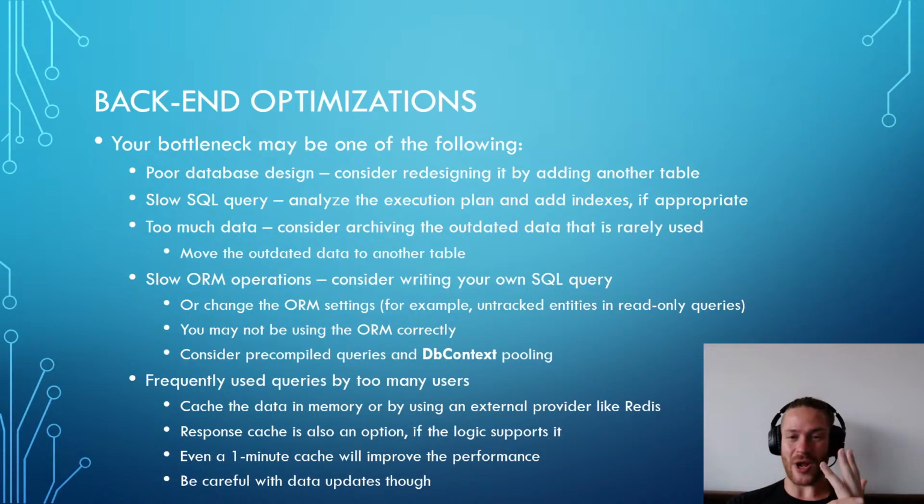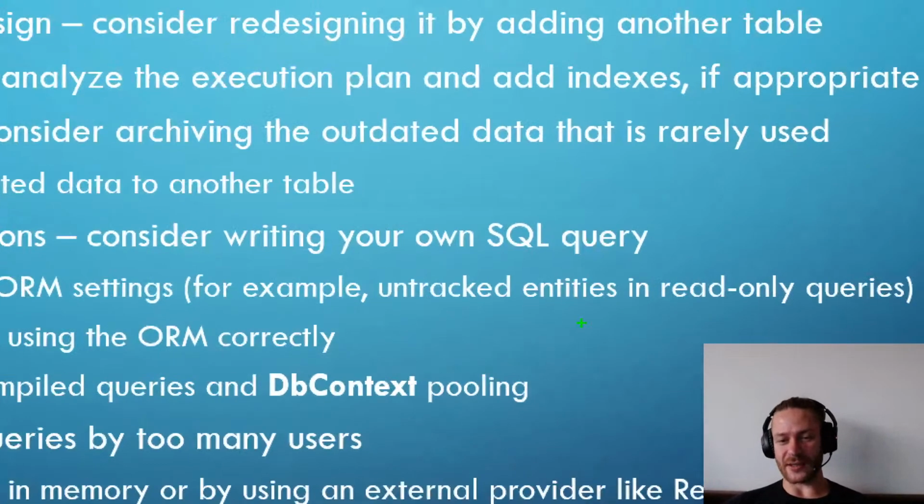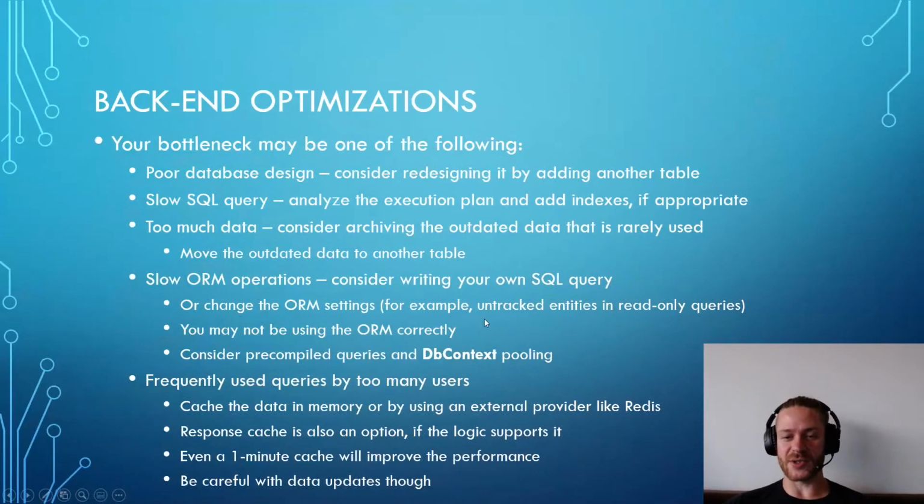They return correct results, but they don't write optimized queries. So if that's the case, we can change the ORM settings. That's the first option we may try. For example, untracked entities in read-only queries, or disabling change trackers, or whatever options our ORM provides us.